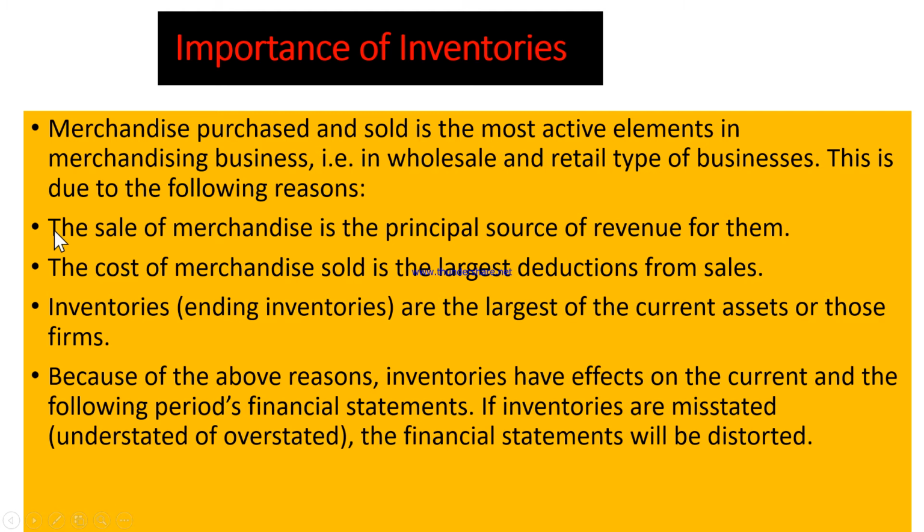The first reason is that the sale of merchandise is the principal source of revenue for business organizations. The second reason is that the cost of merchandise sold is the largest deduction from sales. And the third reason is that ending inventories are the largest of the current assets of those firms.